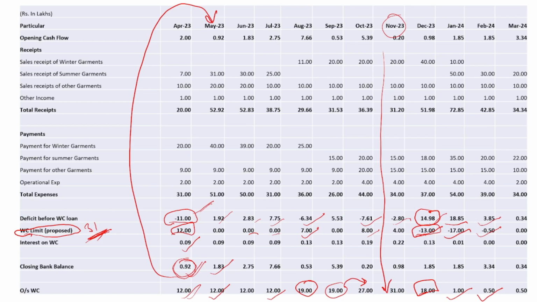Here we are sanctioning 31 lakhs. According to the deficit, we are allowing the withdrawal of the working capital limit out of 31 lakhs. In the month of November, it becomes the fully availed working capital limit of 31 lakh, and after that it reduces by excess surplus. Here we have discussed how we can calculate working capital under the cash flow method.